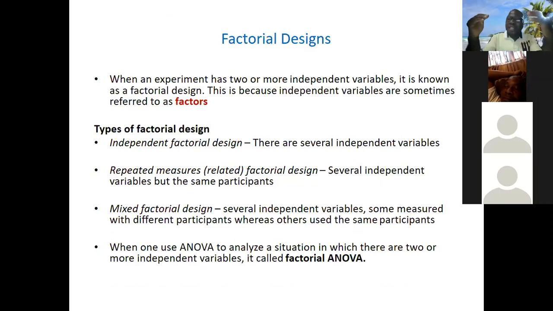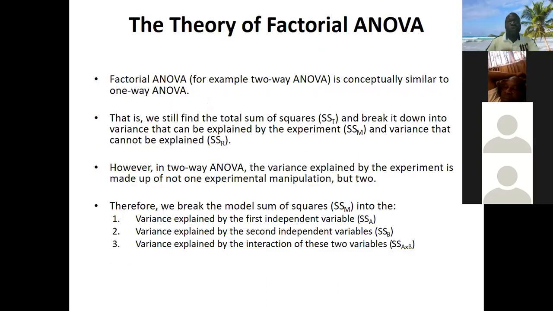It's still the same logic: you separate the variance between and the variance within. But the variance between, you split into the factors involved and the interaction of those factors.